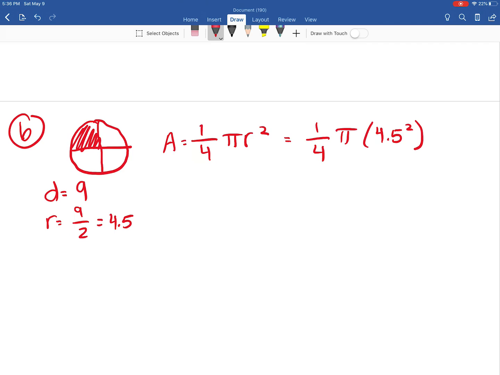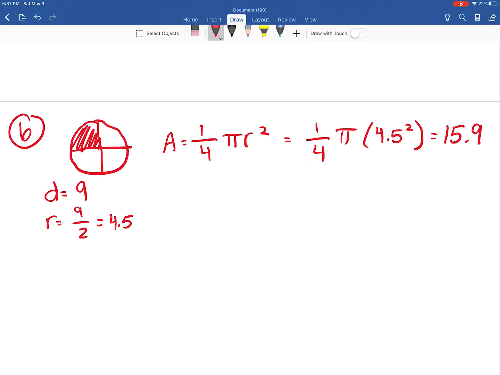So I'm going to plug in my variable and solve for my area. 4.5 squared times pi. You can either do times 1/4 or divided by 4 to get 15.9.